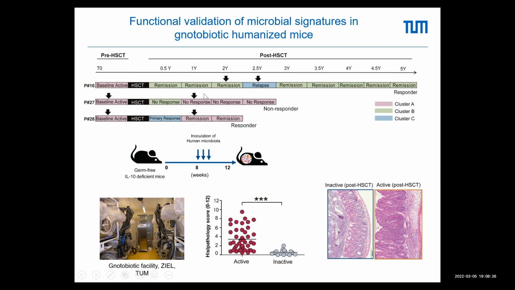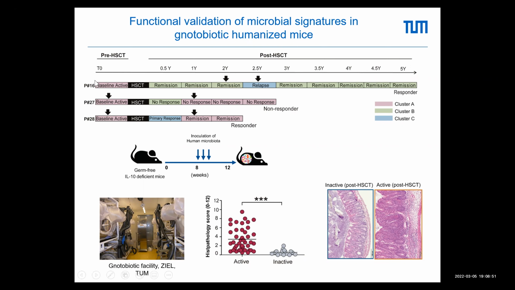These patients, as I told you, we followed over time, up to 5 years, and we had multiple samples over time. And from each patient, we selected 2 different samples that we would use to inoculate germ-free mice and to test their functional impact in a mouse model.